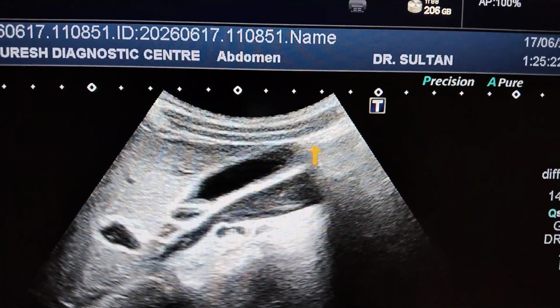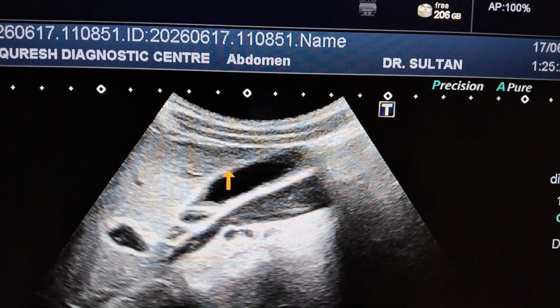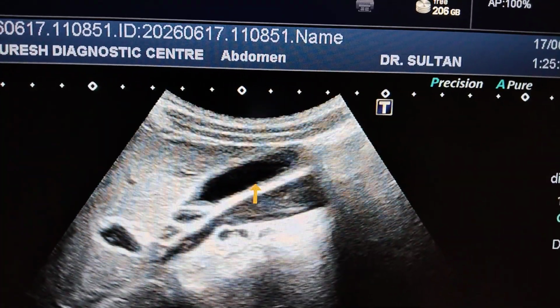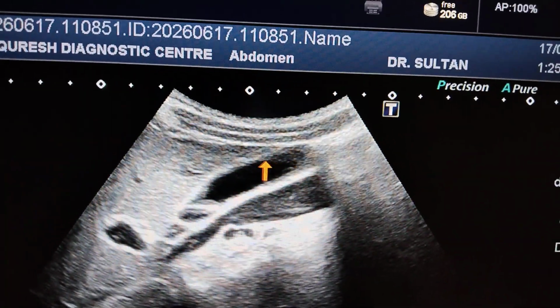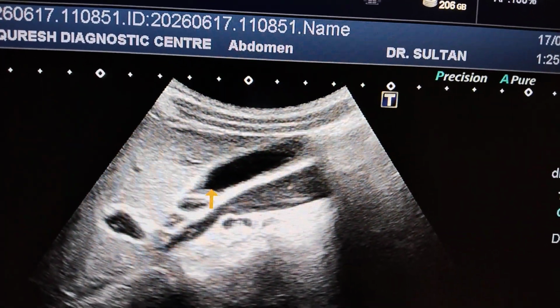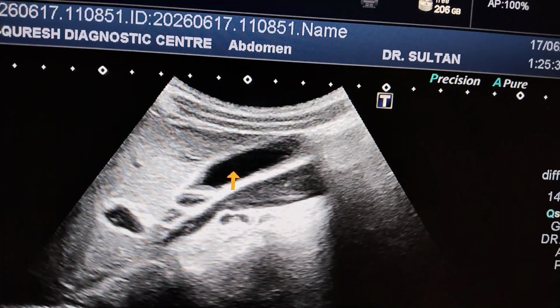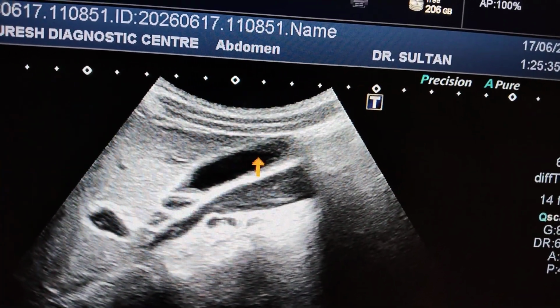Here we can appreciate the pear shape. So now it is not looking like a pear shape. It is looking like a tubular structure, depending upon the position of the patient.